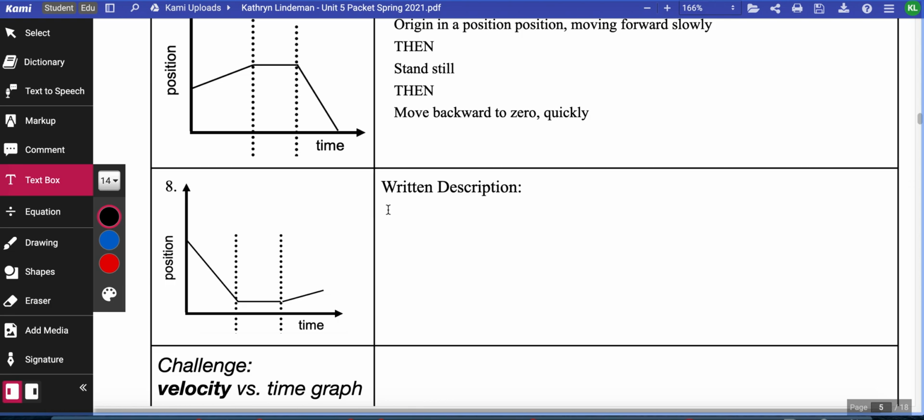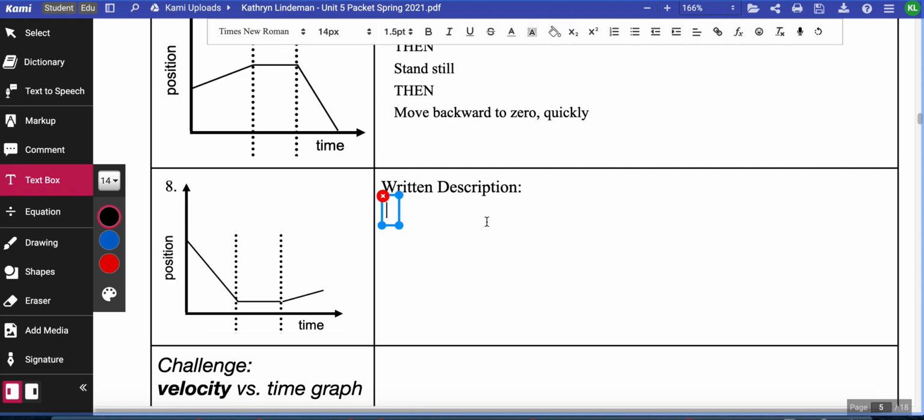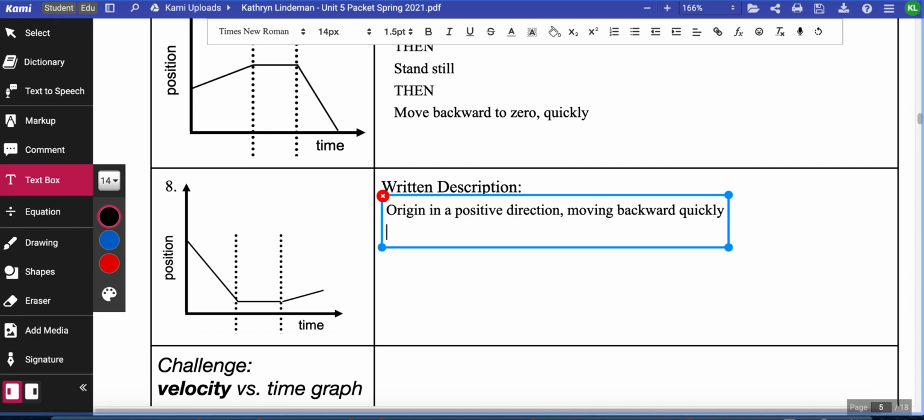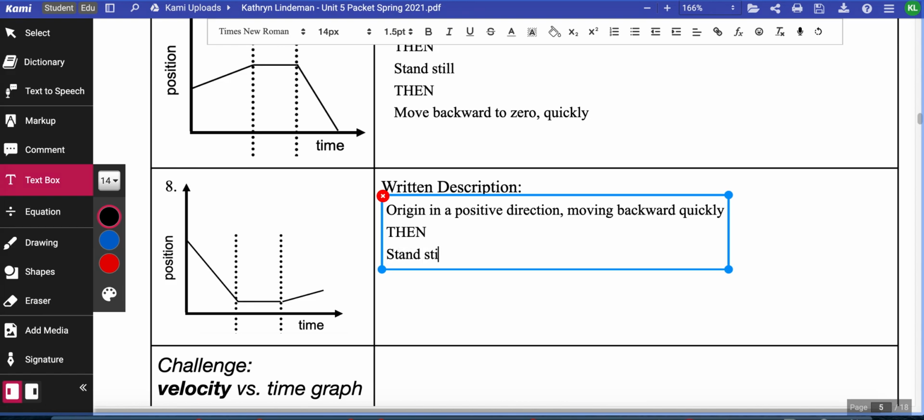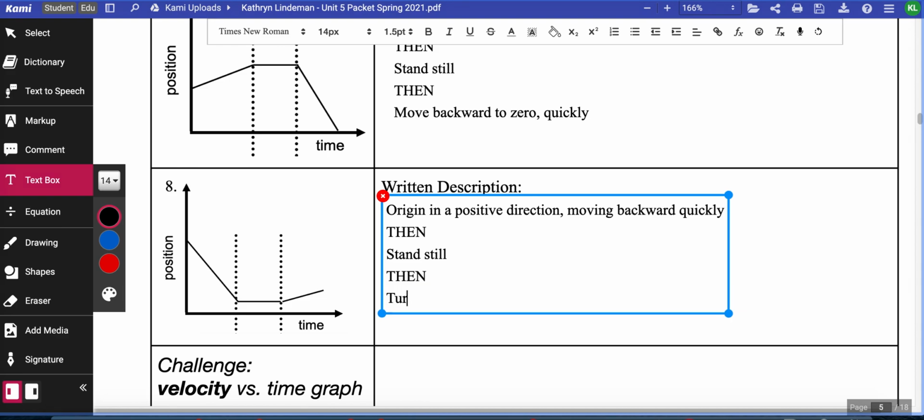Okay, so number 8, we are moving backward quickly, so origin in a positive direction, moving backward quickly, then stand still, then turn around and move forward slowly. Okay.